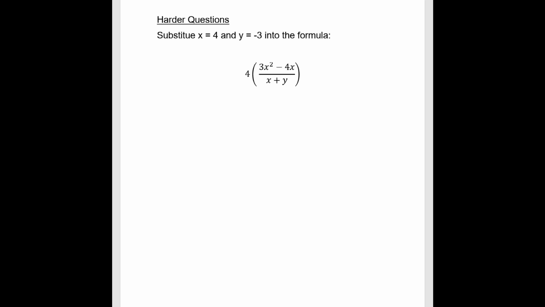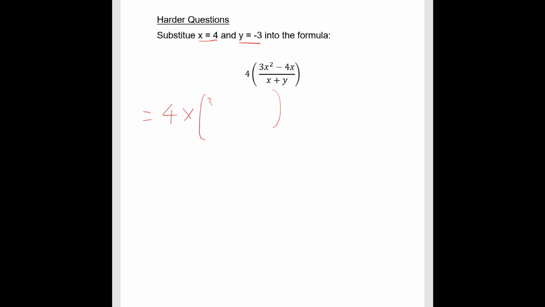Here is a really tricky question, which is really only for higher tier. We want to substitute x equals 4 and y equals minus 3 into the formula. If you'd like to have a go at it, pause the video now and have a go. Otherwise, I'll just go through it. So if I first write down that we have 4 times everything in this bracket.